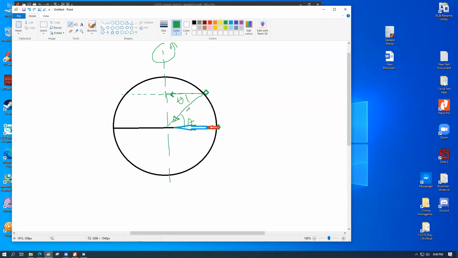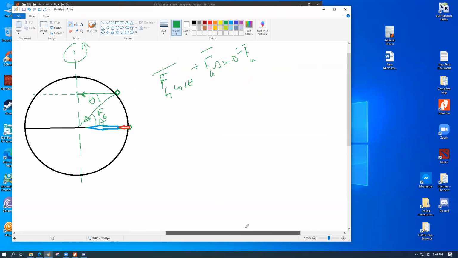So let's say this is our Fg. You would have Fg cos theta and Fg sin theta, both of which are vectors. Together they make up your Fg, which is the total gravitational force.